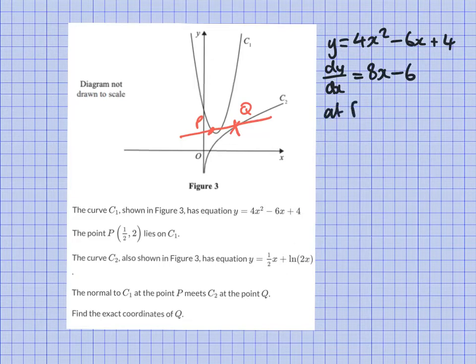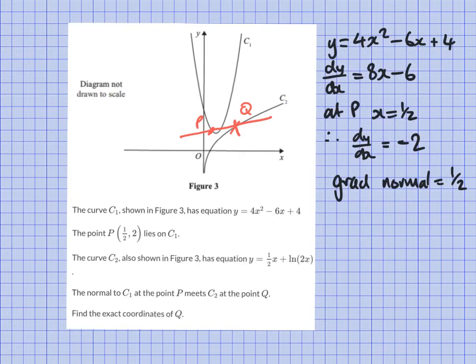At P, x equals a half. Therefore, dy by dx is going to equal minus 2 by substituting that value in. So the gradient of the normal is a half. That's a good place to start.